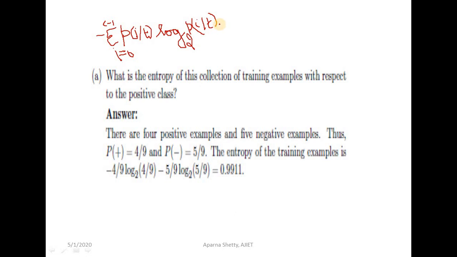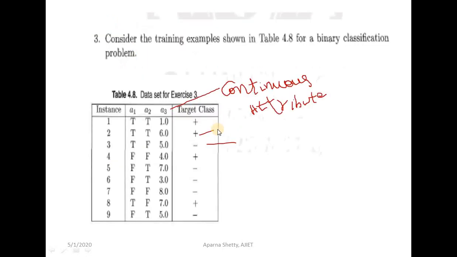Now they have asked what is the entropy of this collection with respect to the positive class. How many records are there over here? Totally there are 9 records, correct?